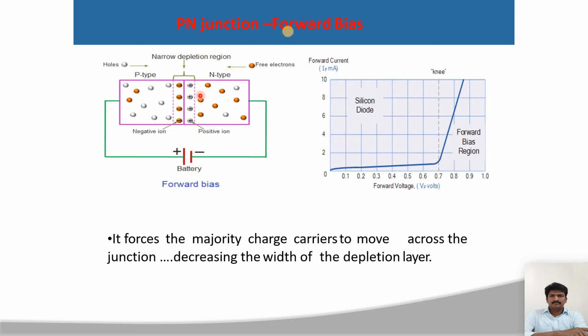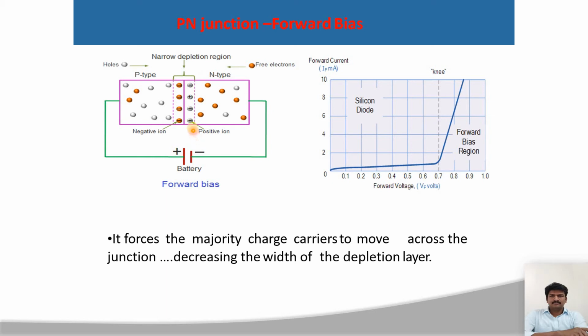This is PN junction forward bias. You see here, the positive terminal is connected to the P type and the negative terminal is connected to the N type. Free electrons try to diffuse towards the P type and free holes try to diffuse towards the N type.